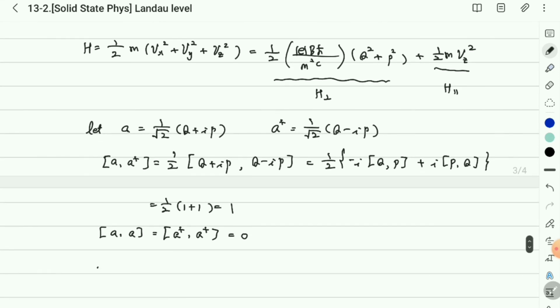Then let's consider A dagger A, which is 1/2 (Q minus iP)(Q plus iP).